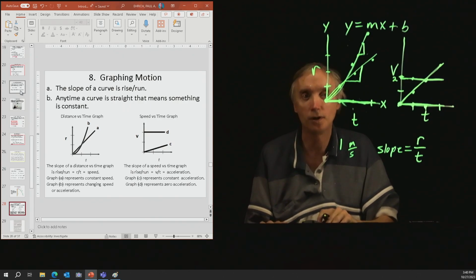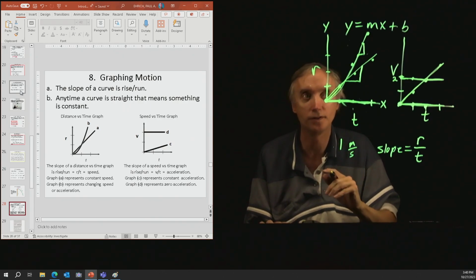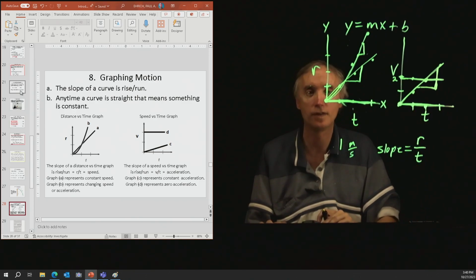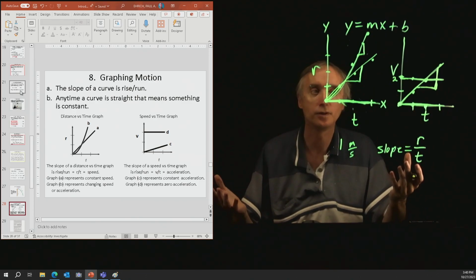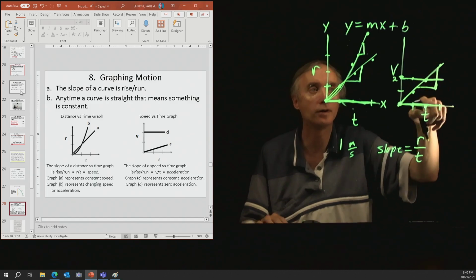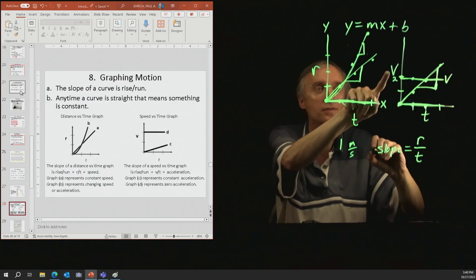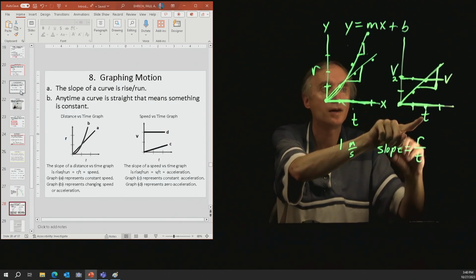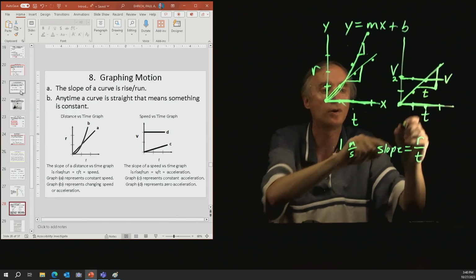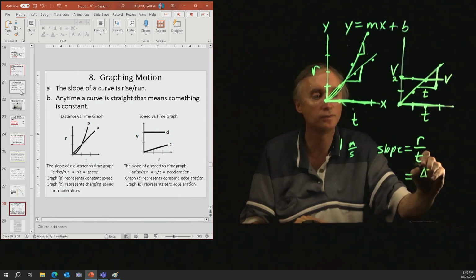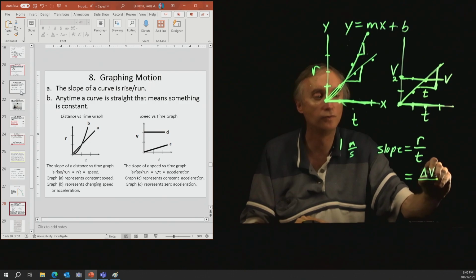So what do you suppose is the significance of the slope? We could calculate the slope of that line there. What does it mean? The up and down part is velocity, and the sideways part is time. So the slope this time would be the change in velocity over time.